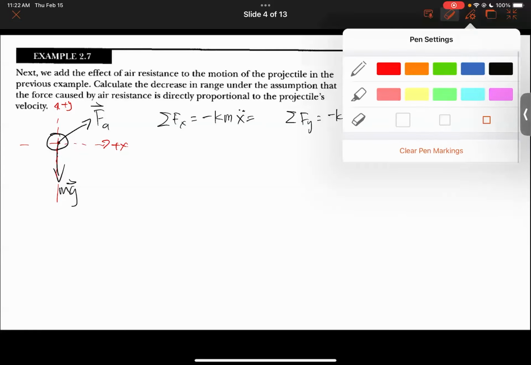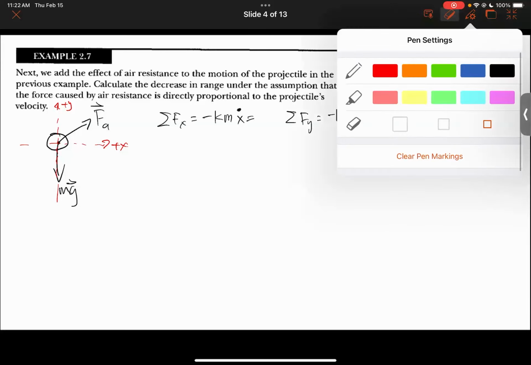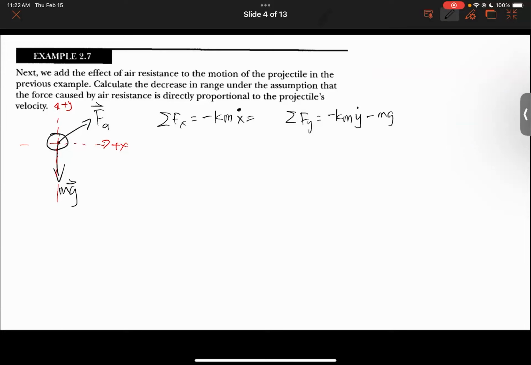So this should be a single dot. Okay, and ito ay single dot lang. kmy dot minus mg. Okay, so this will be equal to m x double dot and this will be equal to m y double dot.